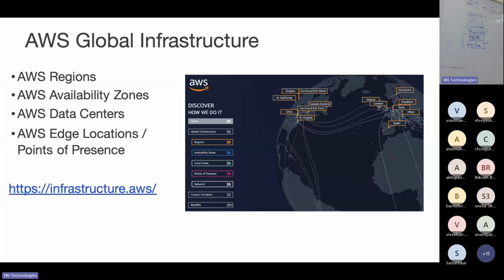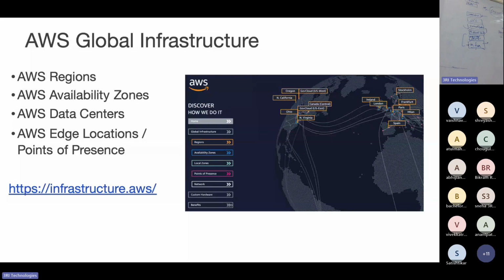AWS has something called regions. US, Europe, Asia Pacific, like this. So different regions. AWS services are hosted across multiple regions.